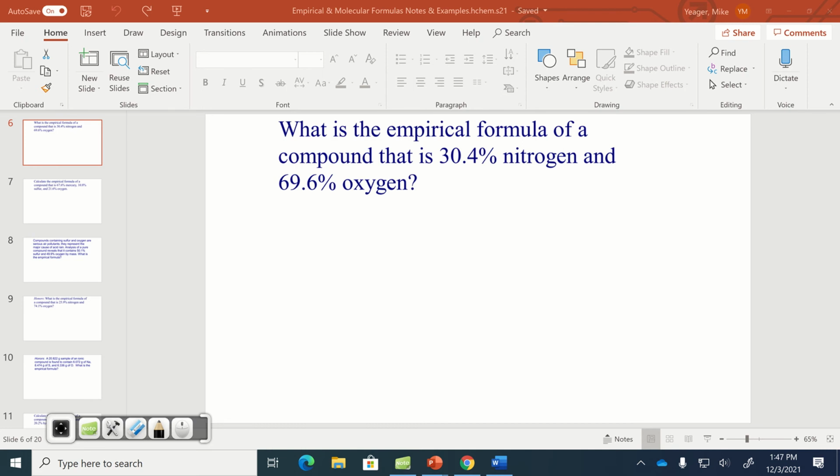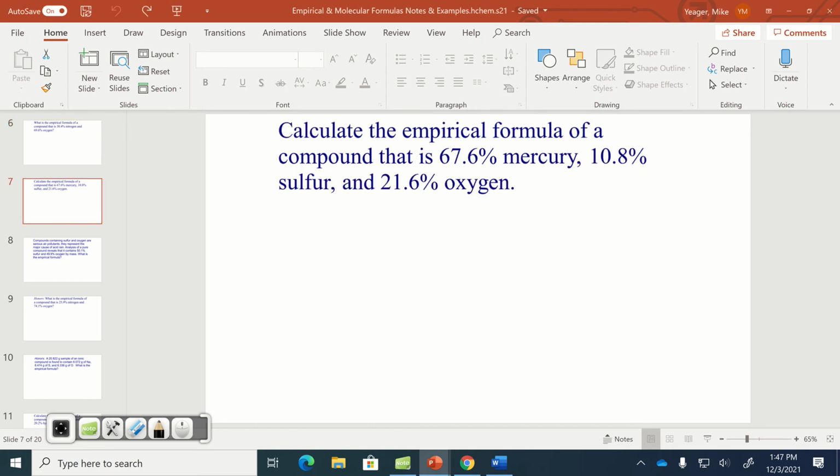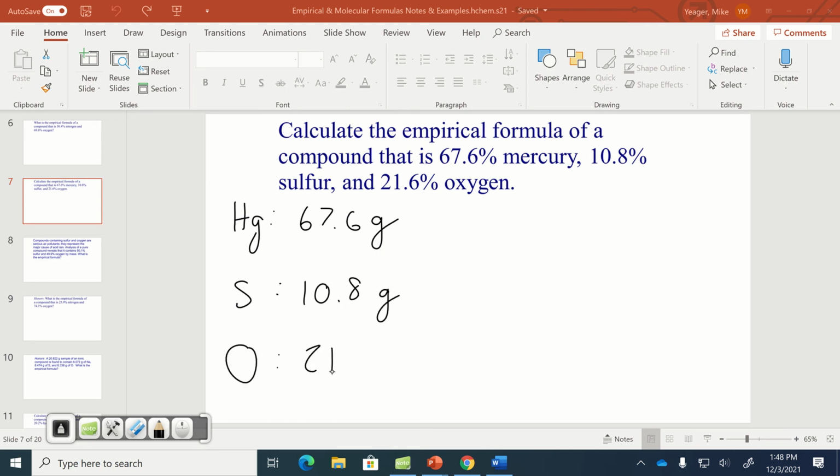Okay? Let's just try one more. This one I have mercury is 67.6 grams, sulfur is 10.8 grams, and oxygen is 21.6 grams. Okay?